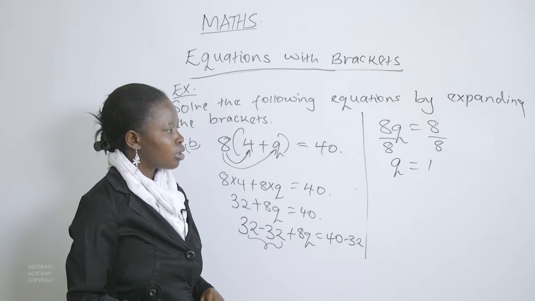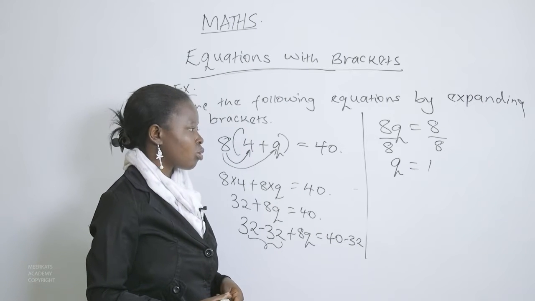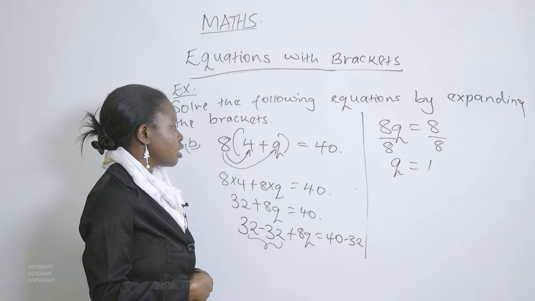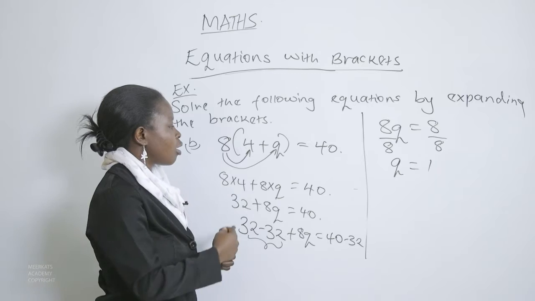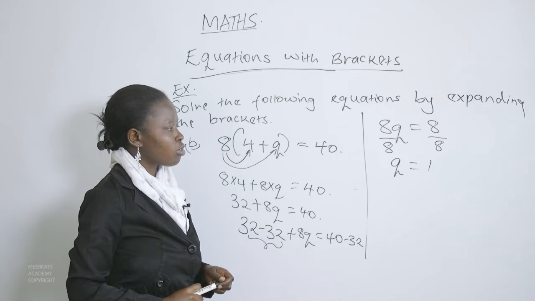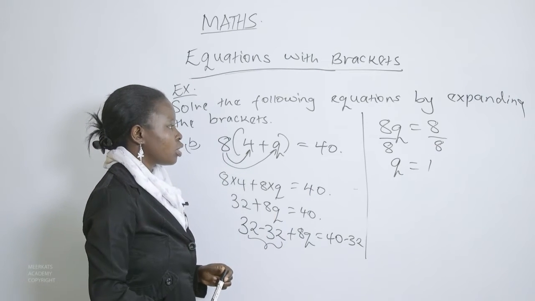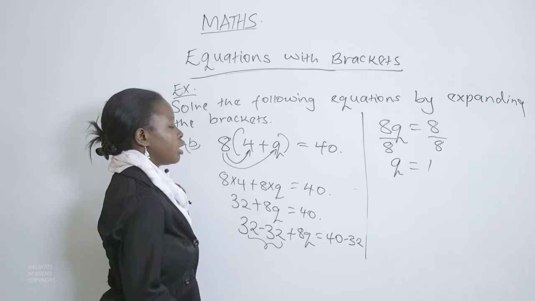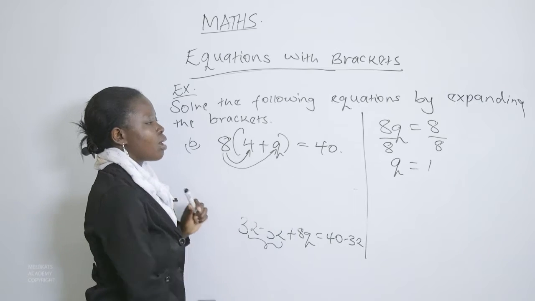So, just to confirm that it is true our value for q is 1, we substitute the value that we've obtained in the original equation and find out what I have on the left-hand side. If I substitute q, which is 1, will it give me the value that I'm expecting, which is 40? So let us find out by substitution of q by 1.